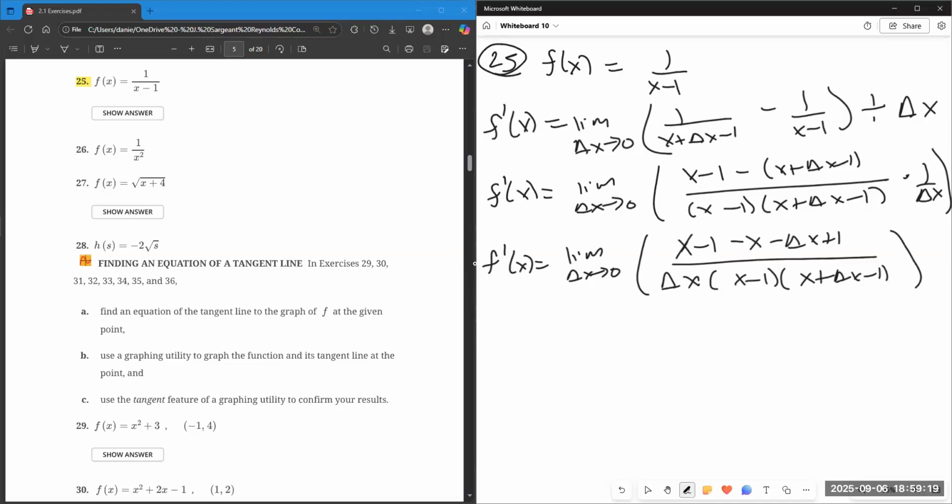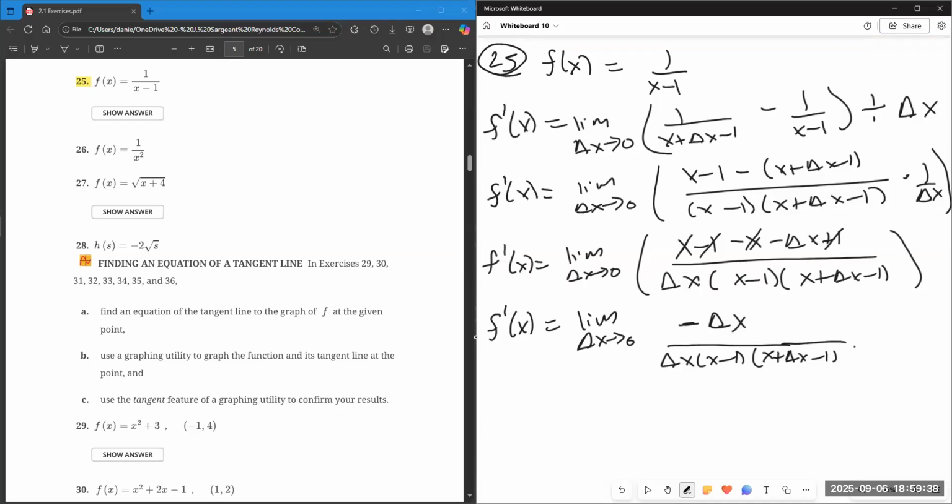So x minus x, negative 1 plus 1. F prime of x is the limit as delta x goes to 0 of negative delta x over delta x times (x minus 1) times (x plus delta x minus 1). And delta x cancel.